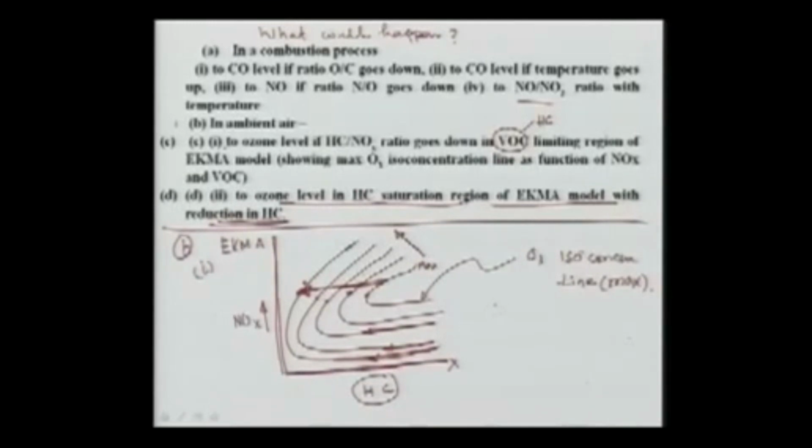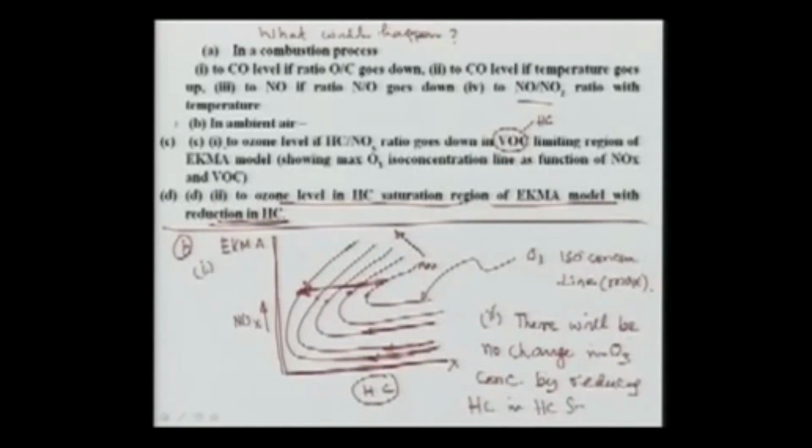So the answer for part 2 is there will be no change. When I say no change, I mean really no significant change in ozone concentration by reducing hydrocarbon in the hydrocarbon saturation zone.